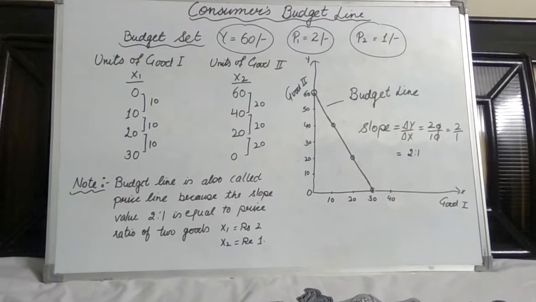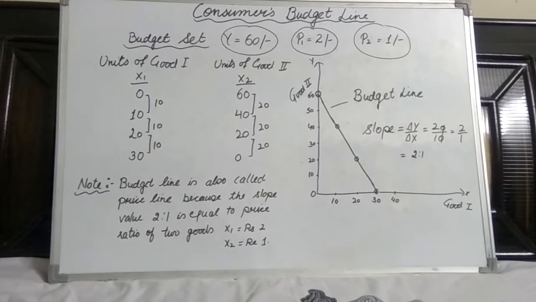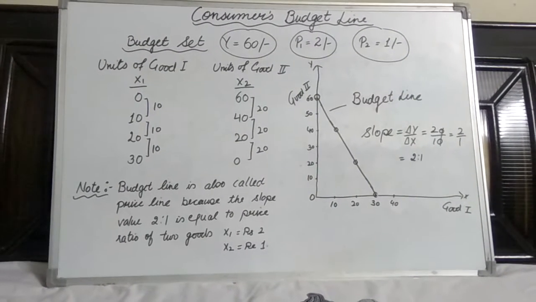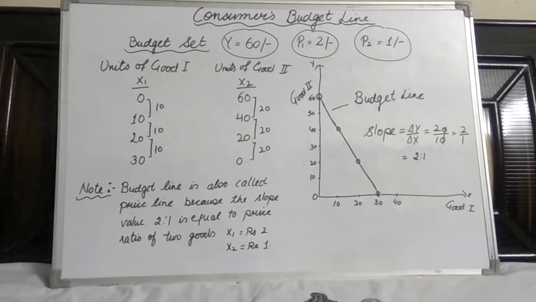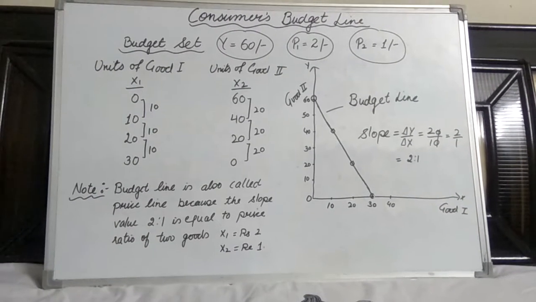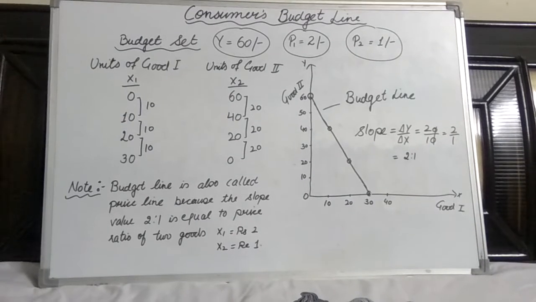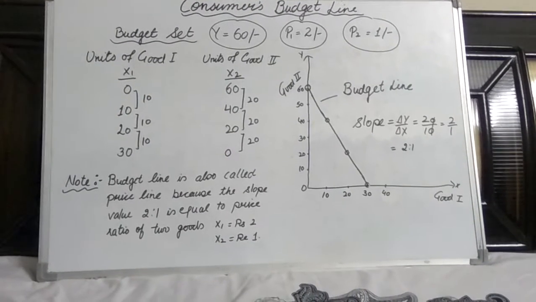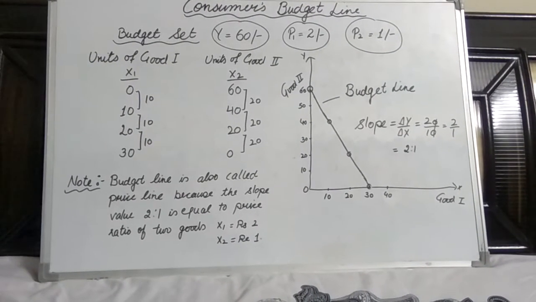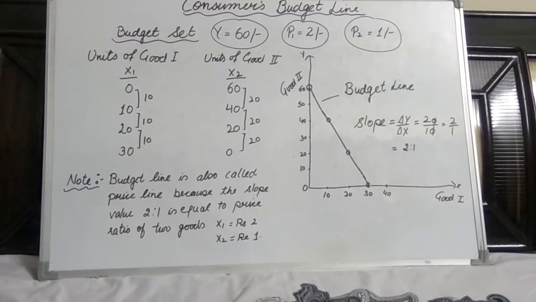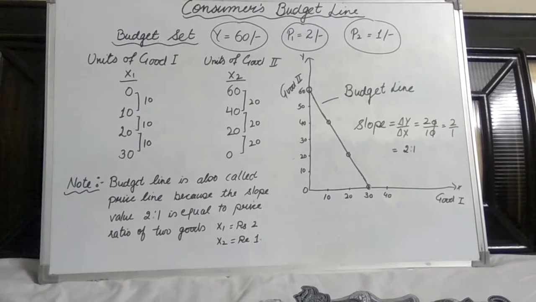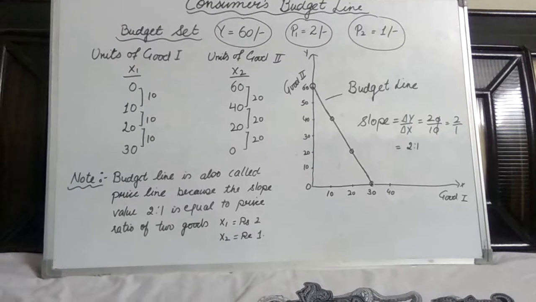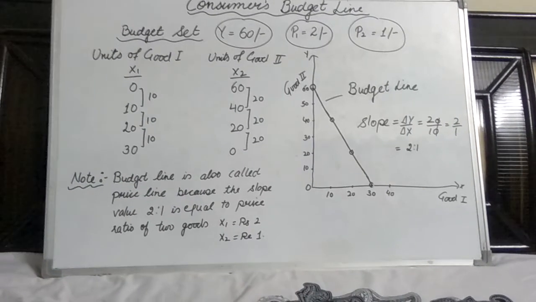Because the slope that we have received here, that is 2 is to 1, is exactly equal to the price ratio of the two goods that we assumed earlier in the budget set. The value of x1 is rupees 2 per unit, and of the second good x2 is rupee 1. Because of this reason, the budget line is also called the price line.